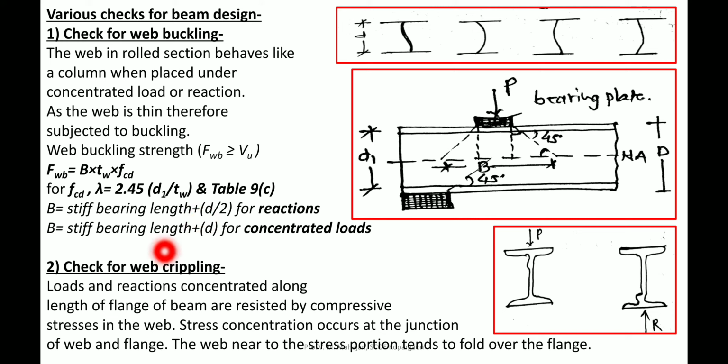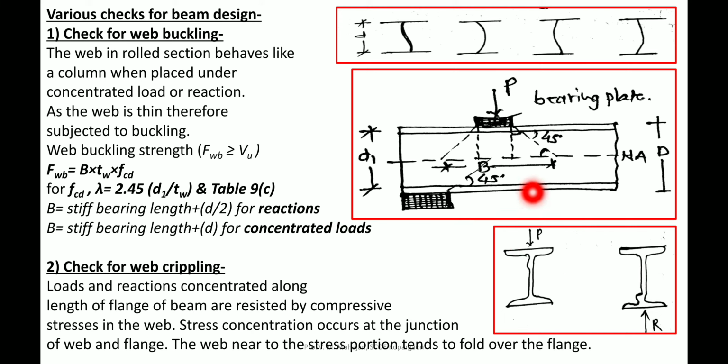Then check for web crippling. The web may cripple like this at the top flange and web intersection, and it may fail like this. This phenomenon is the web crippling.